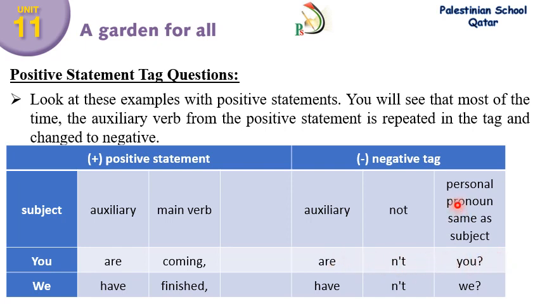Personal pronoun same as subject. We have finished. We, subject, have, auxiliary verb, finished, main verb. Negative tag, haven't we? Have, and we. Yes, very good. Let's go.